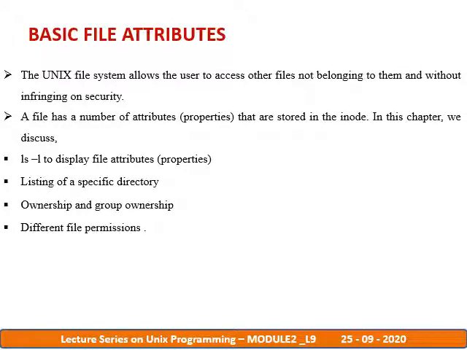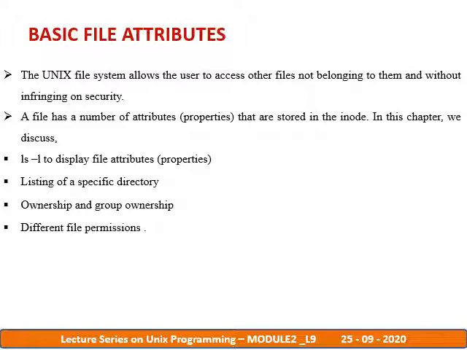In the Unix file system, when a user creates a file, the user has permission to access their own files, and the user may also access other files which do not belong to them. If they do not belong to the user, obviously that would be considered infringing on security. But the Unix system allows access to other files without infringing on security.